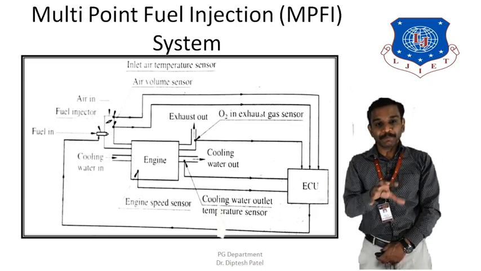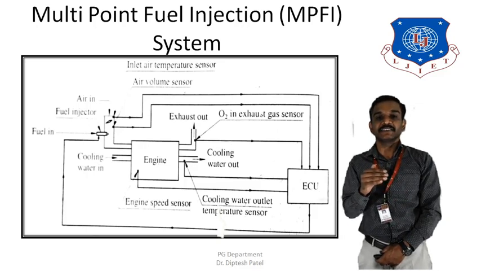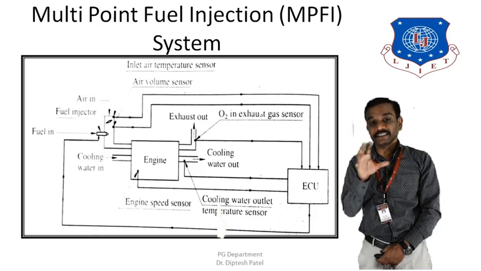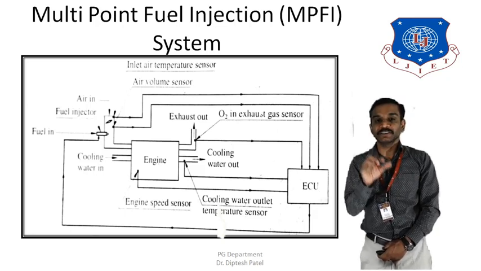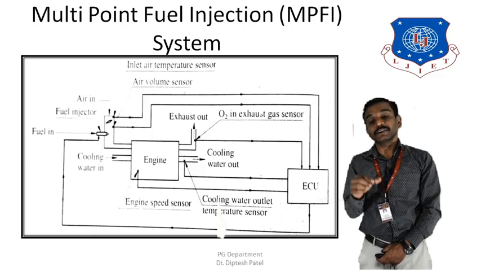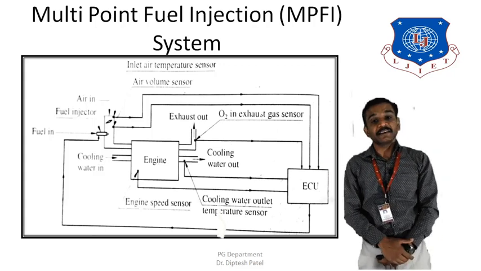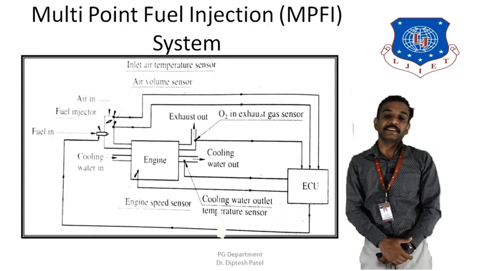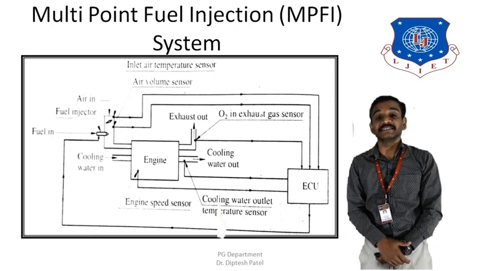They are kept in the engine, such as the inlet air temperature sensor and air volume sensor, which are kept in the inlet manifold. The engine speed sensor is kept on the camshaft. The cooling water temperature sensor remains at the outlet of the water jacket, and the oxygen sensor for the amount of oxygen in the exhaust gas is kept at the exhaust manifold.